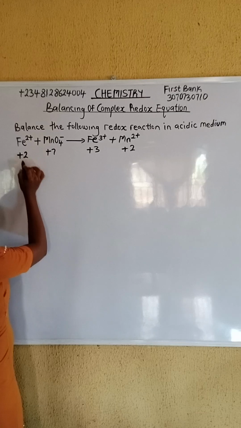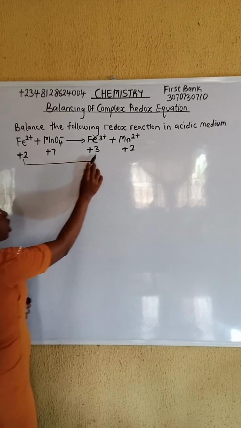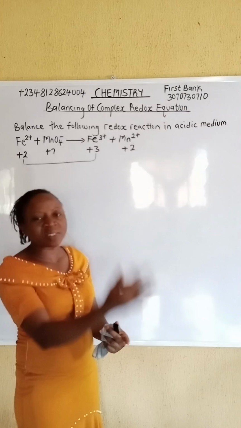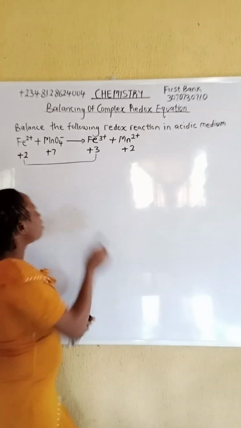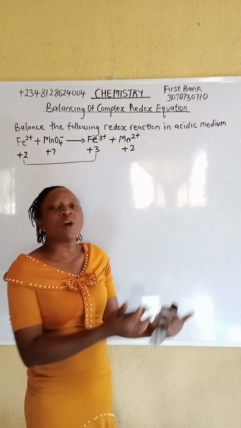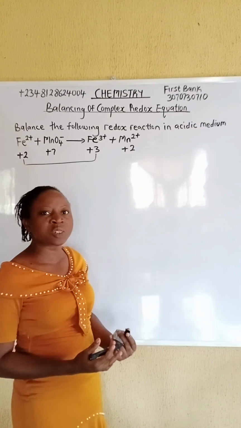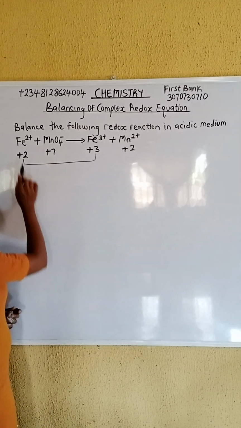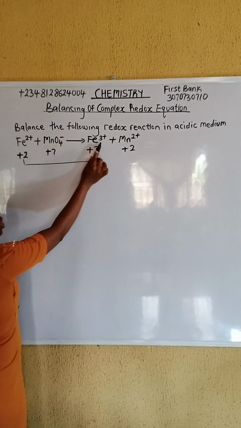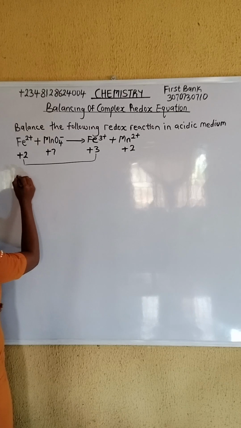So let's connect iron 2 to iron 3. From +2 to +3, there is an increase in oxidation number. What is oxidation? Oxidation is an increase in oxidation number. It shows that iron 2 oxidized to iron 3. So let's take the first half reaction.